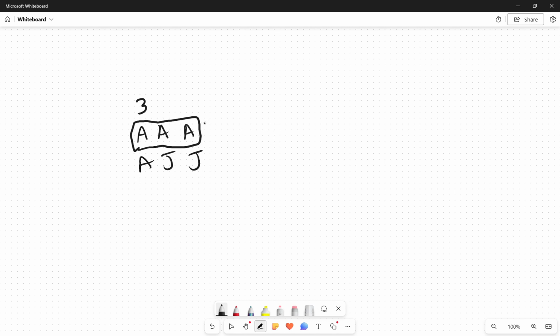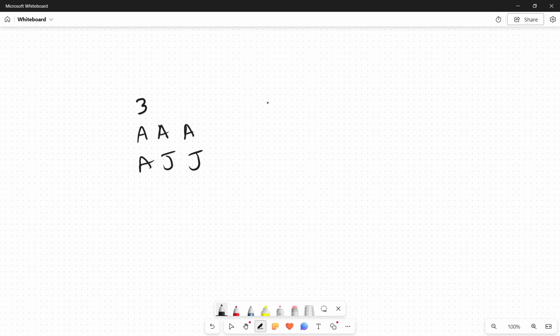But if Alvaro tries to group them like this, and like this, then he can get a maximum of 2 votes. So we have to optimize how he divides them into groups of 3.